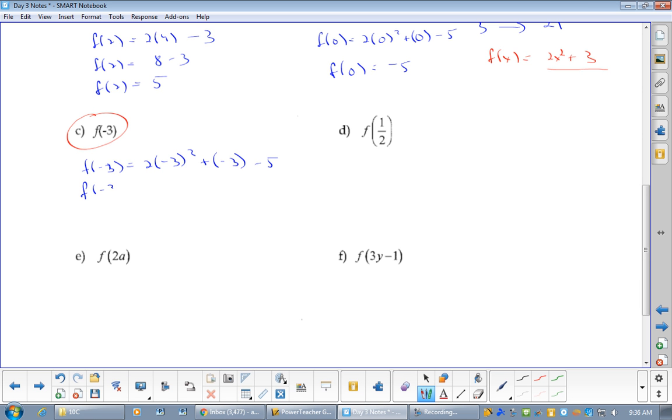What does negative 3 squared equal? 9. If you don't put brackets, you get the answer negative 9 in your calculator, and then, of course, everything's bad after that. And then, what's negative 3 and negative 5? Negative 8. So then we've got 2 times 9 is 18. 18 and negative 8. f of negative 3 equals 10.